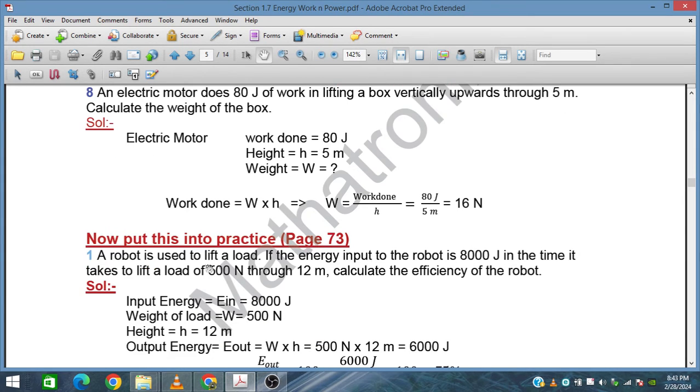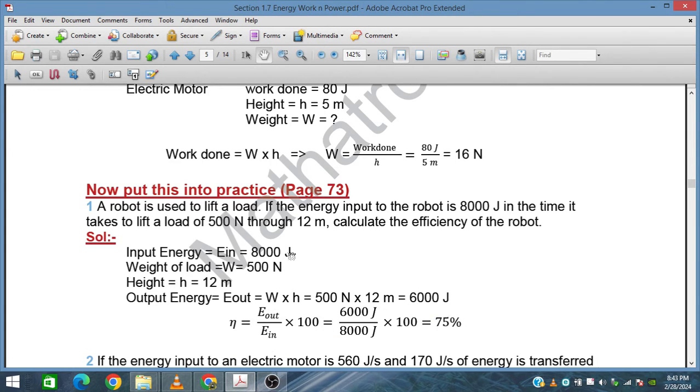Page 67. A robot is used to lift a load. If the energy input of the robot is 8000 joules, in the time it takes to lift a load of 500 newtons through 12 meters, calculate the efficiency of the robot. So the input energy is 8000 joules, the weight of the load is 500 newtons, and the height is 12 meters. The output energy is weight into height, which is 6000 joules.